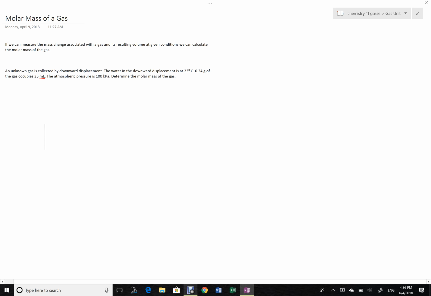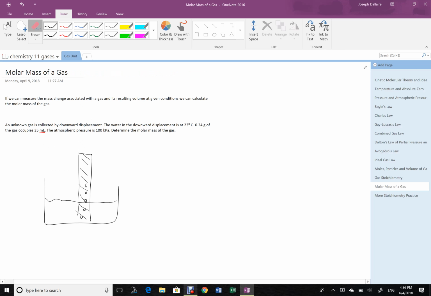So here's our beaker filled with water, and then we have a graduated cylinder that would initially be completely full of water. Then we release some gas bubbles into it, and that gas would push out some of the water and occupy a certain amount of volume up here.